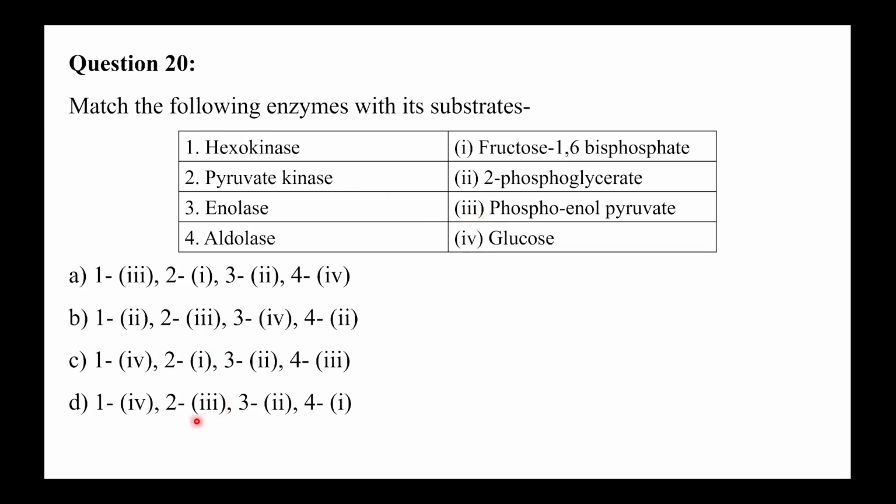So 2, 3, and then enolase, the substrate for enolase is 2-phosphoglycerate. From 2-phosphoglycerate we get phosphoenol pyruvate, and then last is aldolase. The substrate for aldolase is fructose 1,6 biphosphate, which gives us two products, glyceraldehyde phosphate and dihydroxyacetone phosphate.